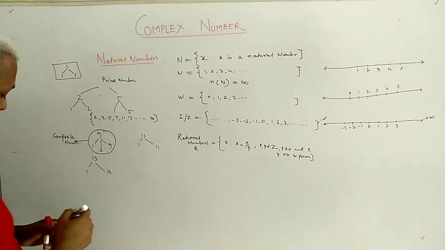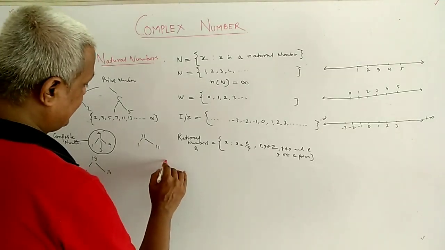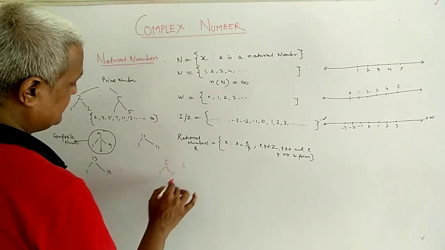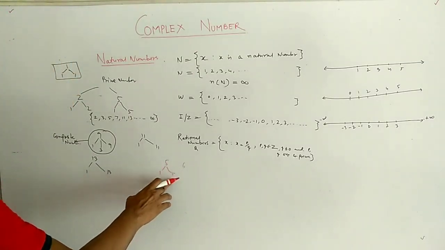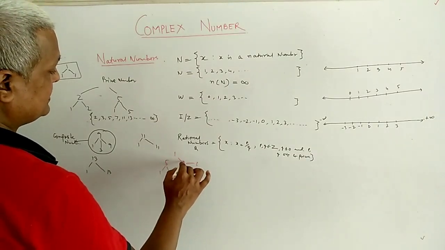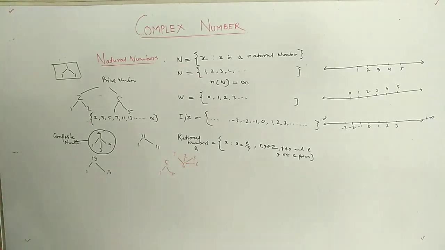Like, if I say that I have taken two numbers 5 and 6, so 5 has two factors, 1 and 5, and 6 has factors 1, 6, 2 and 3. But if you check them, then you have only 1 common between them.